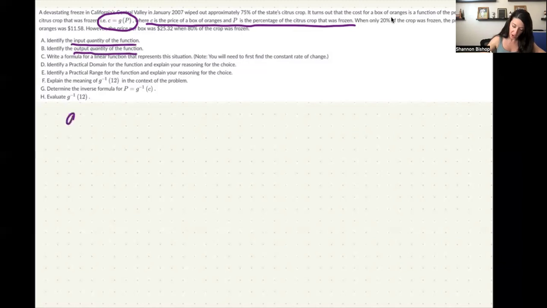So for part A, we're just acknowledging that fact right there, that the input is that variable P. And again, in this context, it stands for percent of crop that's frozen.